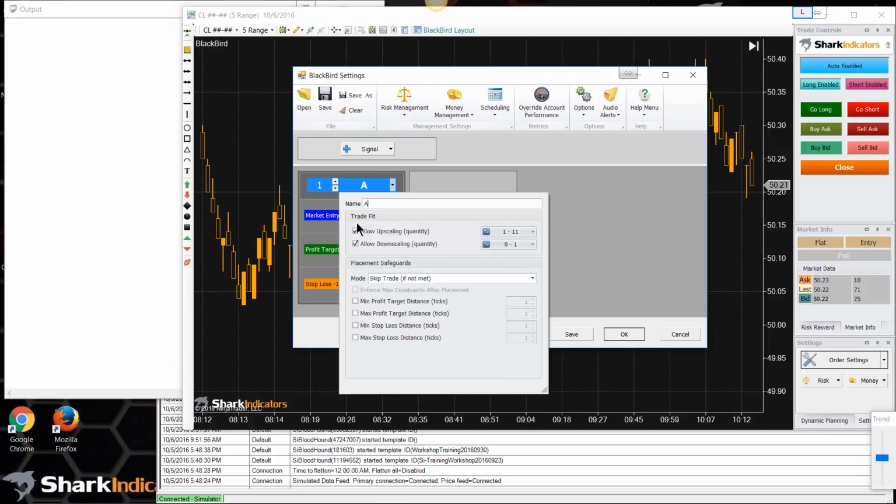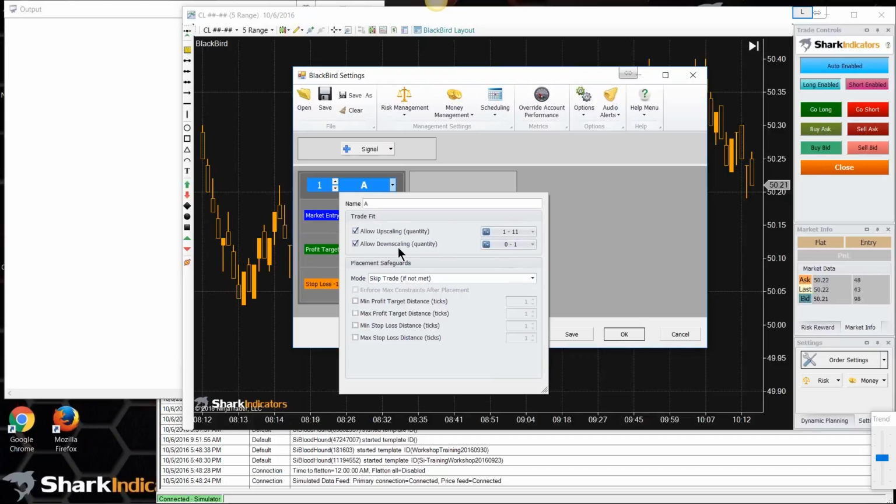Okay, so let's cover some of these other options down here. So you'll notice when I click on the name, these options come up here. The first section here is titled Trade Fit.